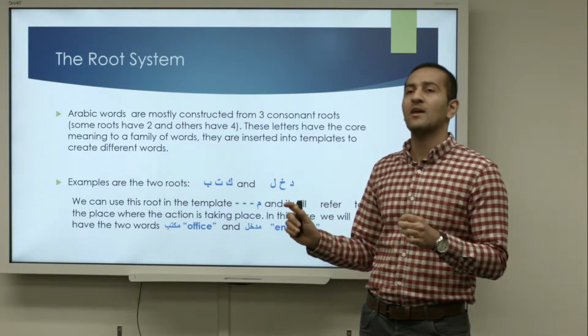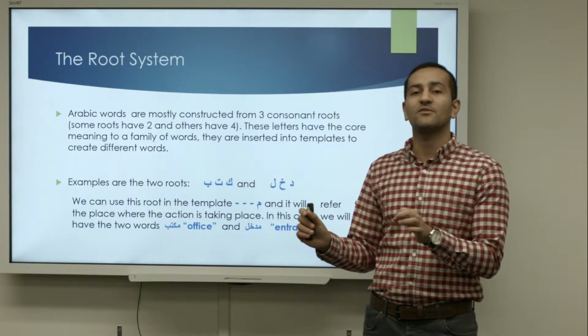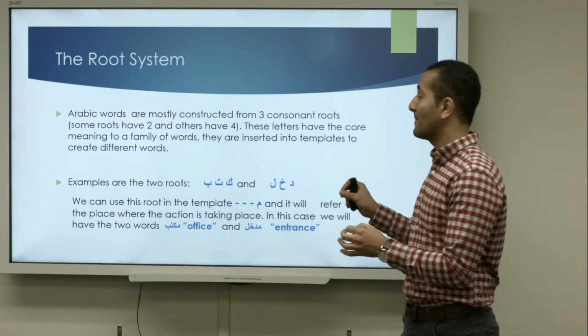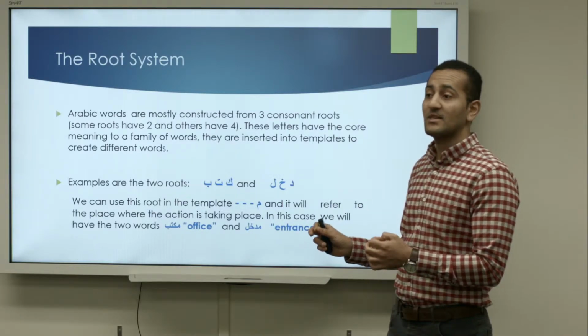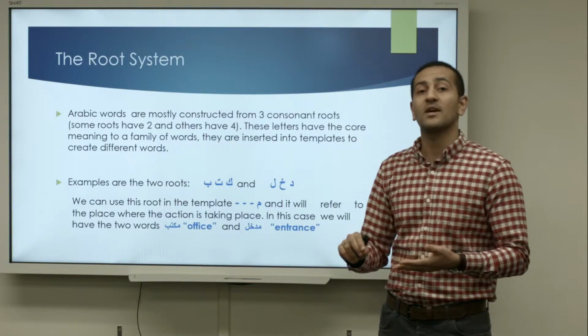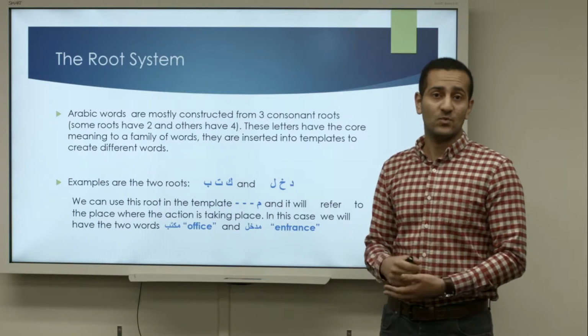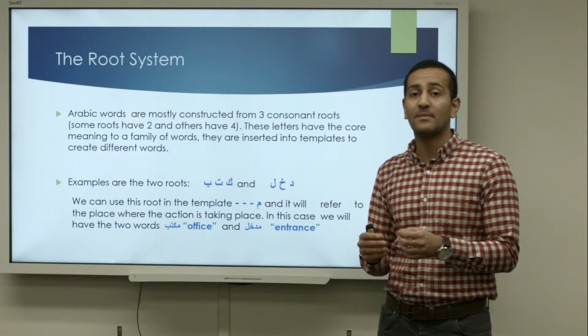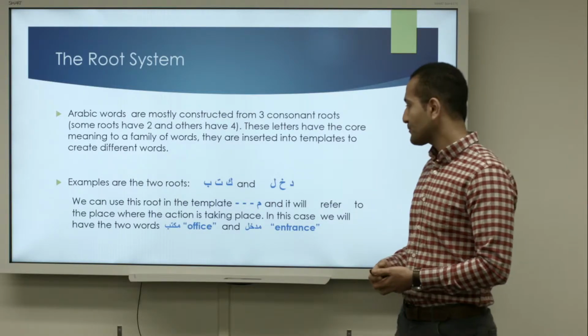Mim refers to the place where the action is happening. Where do we write? So maktab. Maktab means a desk where you write, and it can be an office as well. So it has 2 meanings: maktab is office and maktab is desk.